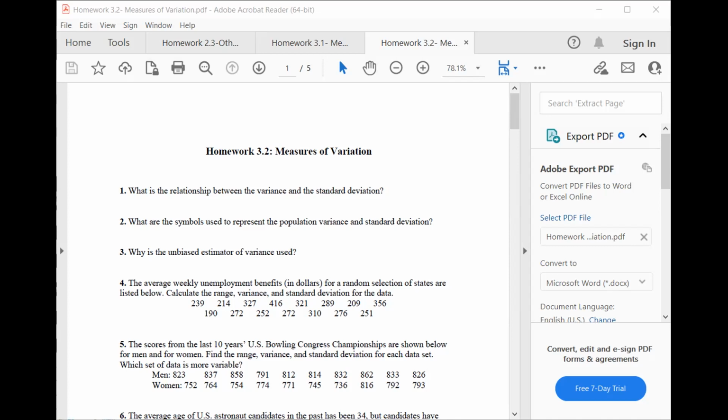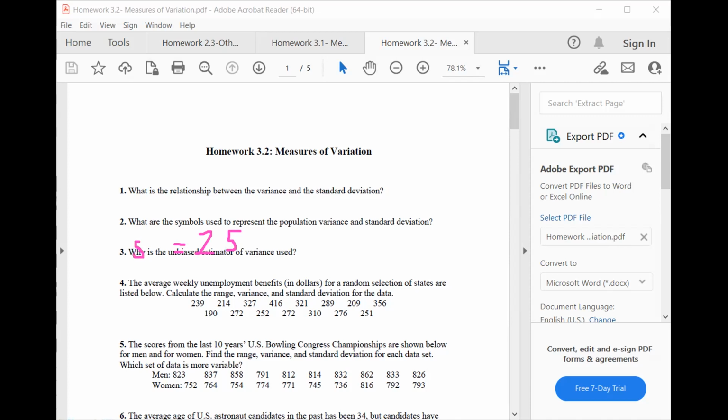Let me annotate on the screen. Let's say the variance is 25. This is my variance. What is my standard deviation according to the slide here?